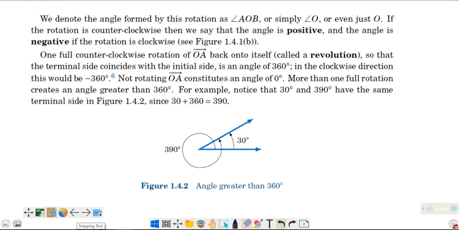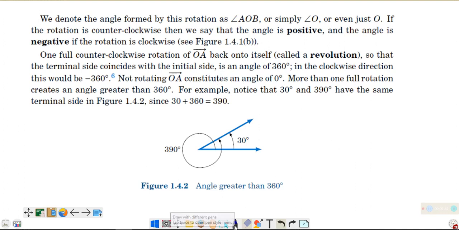So we denote the angle formed by this rotation AOB or simply O or even just O. If the rotation is counterclockwise, then we say that the angle is positive and the angle is negative if the rotation is clockwise, as I've explained earlier. So one full counterclockwise rotation of OA back onto itself is called a revolution so that the terminal side coincides with the initial side.